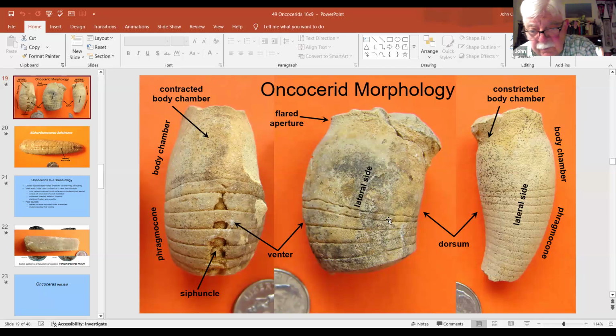Now, at a certain point, all nautiloids, unlike most invertebrates, stop growing. And this is it right here. This guy is gonna maybe do one or two more chambers, and then he's done.